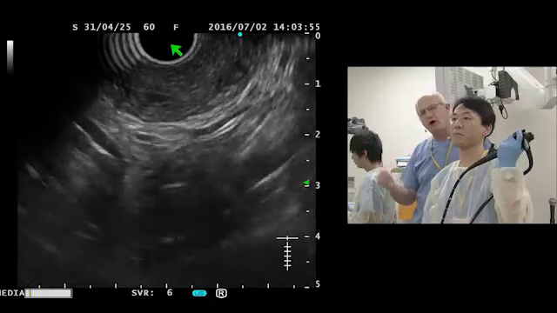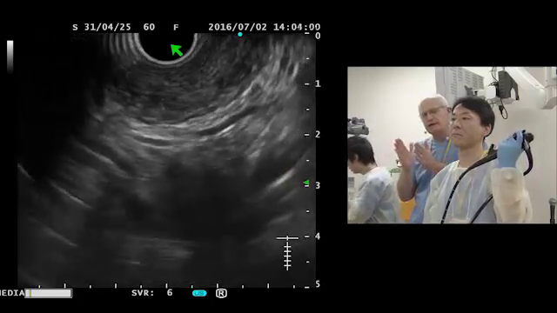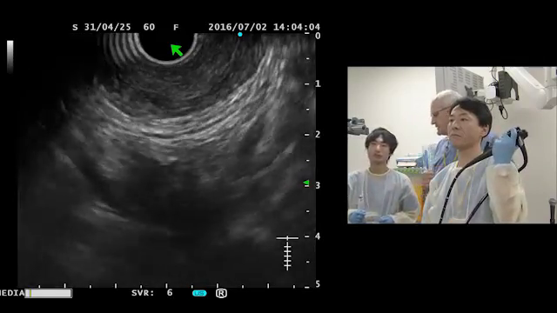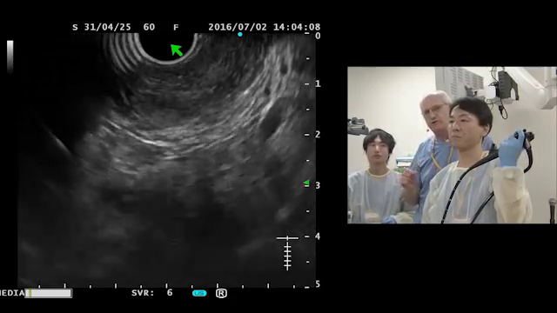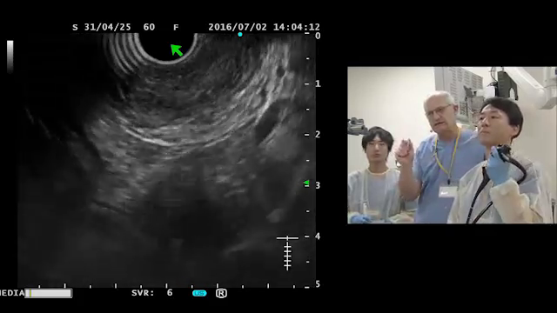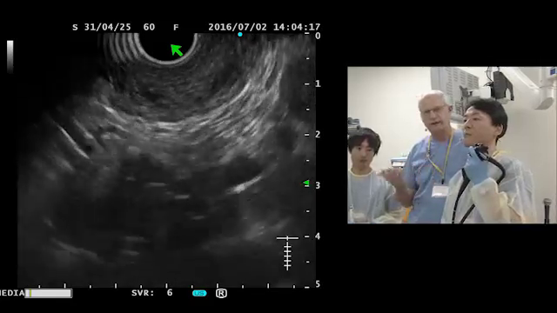I think they help in improving the chances of making a specific diagnosis, but in my view right now, they are not a substitute for tissue. If you really need to know specifically what this is, you still need tissue.